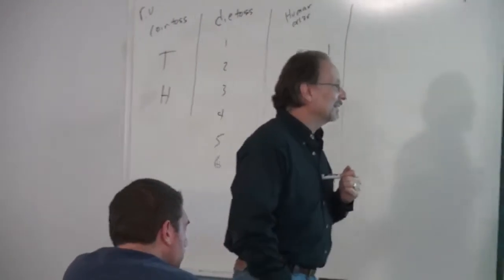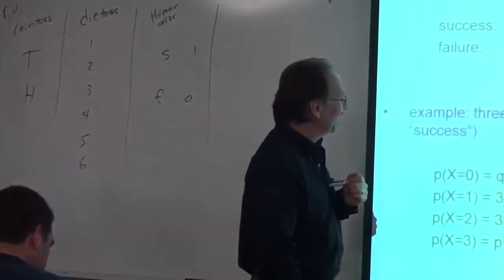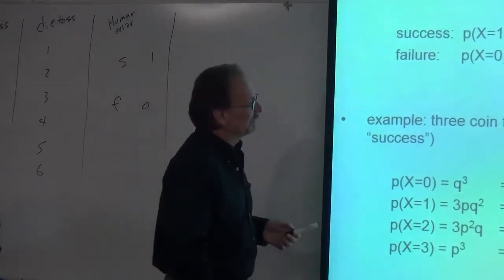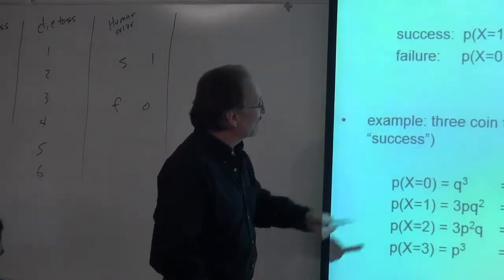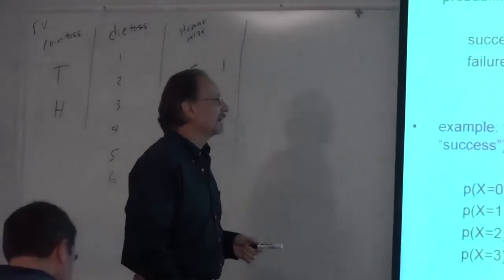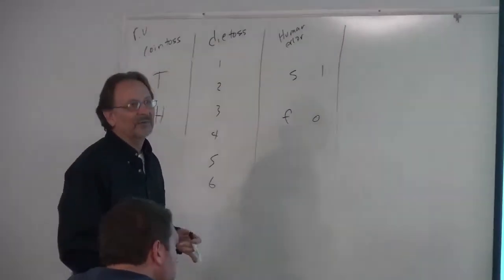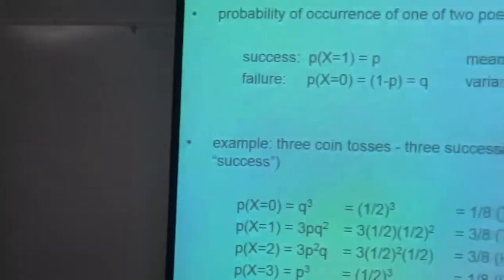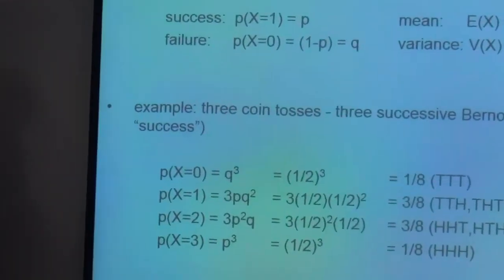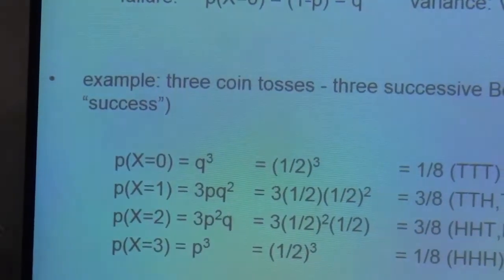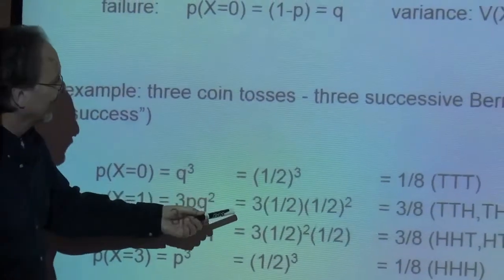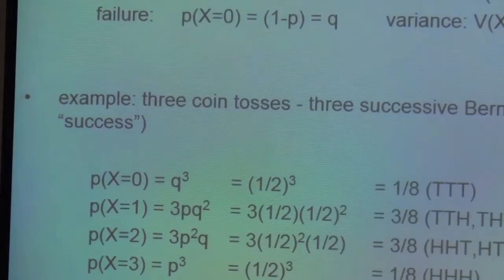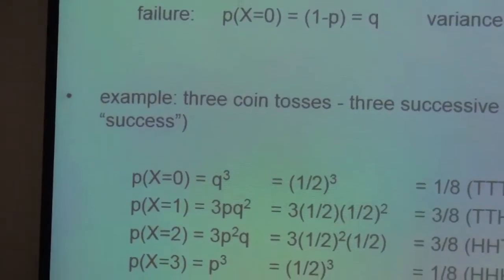So what we were doing with 3 successive coin tosses was 3 successive Bernoulli trials, or 3 successive Bernoulli events. And again, we can state that in a slightly different way. The same experiment, but the probability of 0 heads is Q to the 3rd, because that's a failure. And we're interested in heads, so no heads is a failure, and that probability is 1/2 to the 3rd, which is 1/8, right?